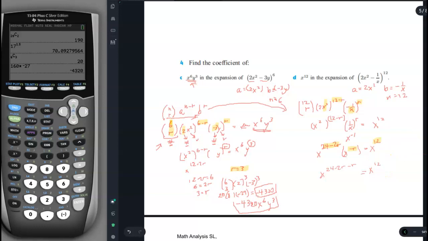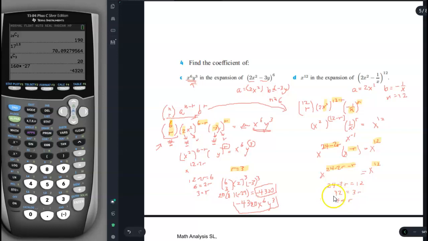Now I can set these equal to each other, right? So 24 minus 2r minus r is 24 minus 3r equals 12. Now I just do a little bit of algebra, add 3r to both sides, subtract 12 from both sides, and r is equal to 4.